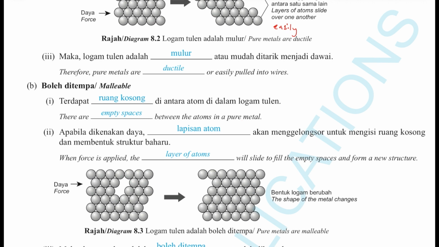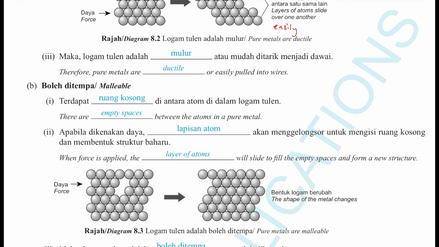Ada ruang kosong antara atom di dalam logam tulen ni. When force is applied, the layers of atoms will slide to fill the empty spaces and form a new structure. Therefore, pure metals are malleable or its shape can easily be changed.